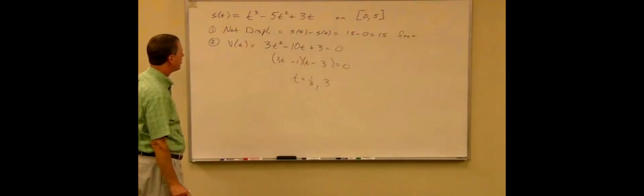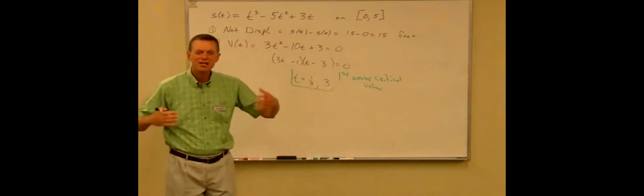Okay, good. So what does that mean? I found these numbers are called first order critical values. Good. Why do you think we named it that? Any ideas why we might name it first order critical?